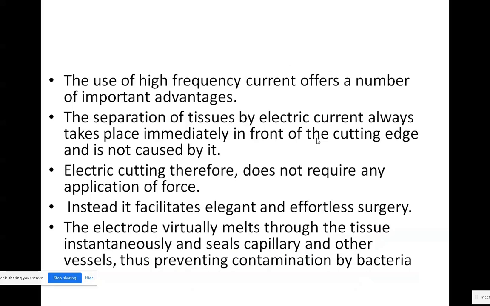The use of high frequency current offers a number of important advantages. Here we are using a high frequency signal only. Using a high frequency signal provides some advantages. The separation of tissue by electric current always takes place immediately in front of the cutting edge and is not caused by it.